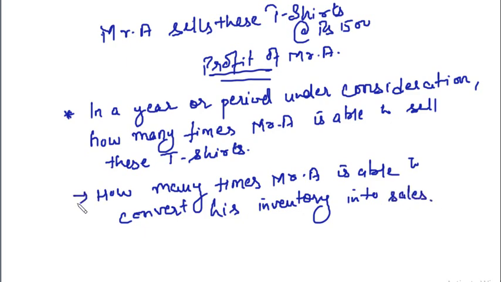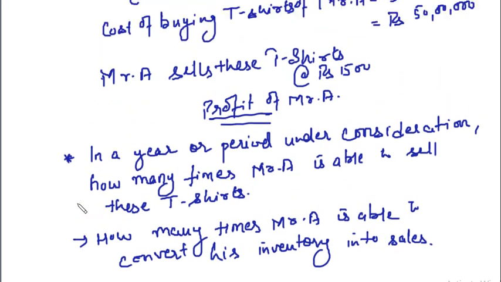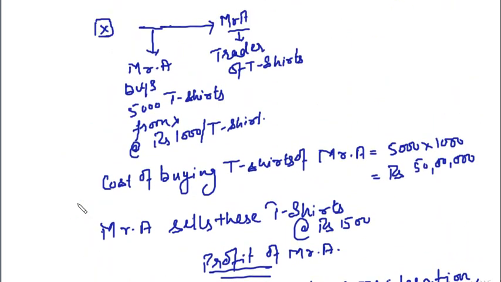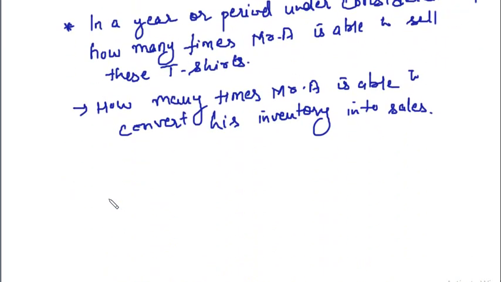Right? Now, what will happen when we are converting the inventory into sales? The first and the foremost thing that is happening is we are able to recover the cost of buying the t-shirts.